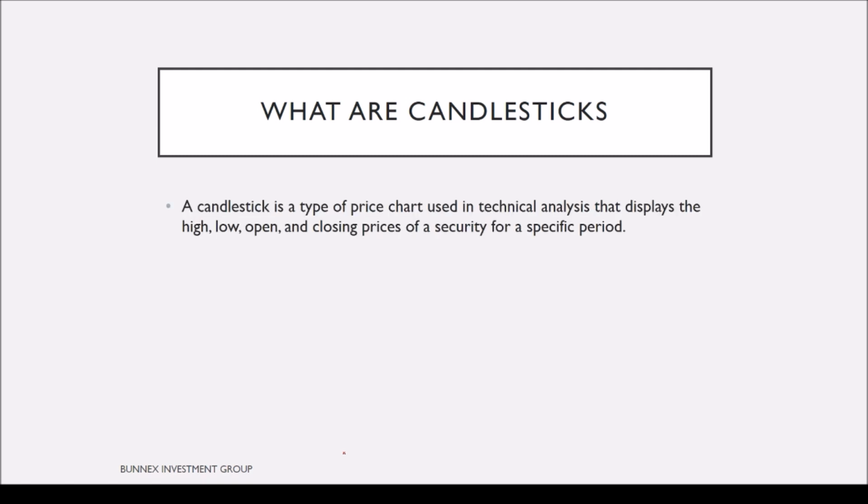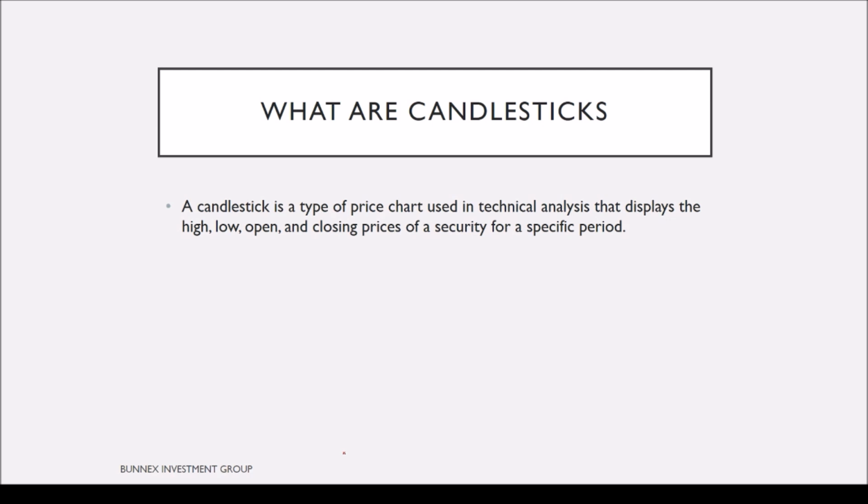So basically, what are candlesticks and what are these within the trading industry? I'm sure you've actually heard about them. A candlestick is basically a type of price chart used in technical analysis that displays the high, low, open, and closing prices of a security for a specific period.